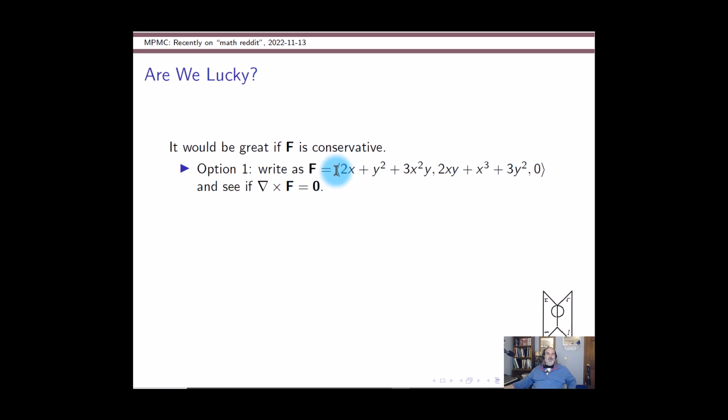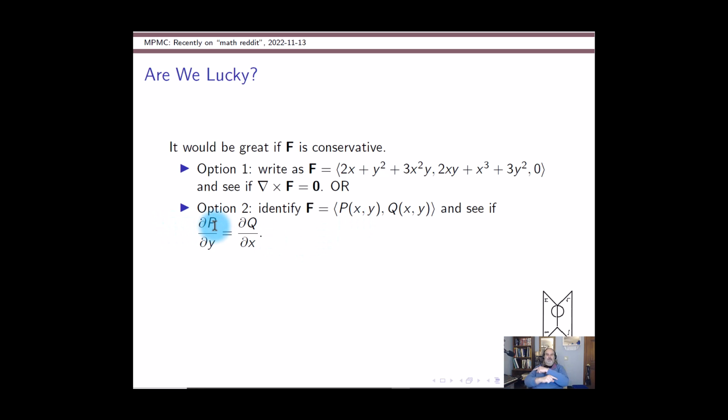The second way to do it for a 2-dimensional vector field, the equivalent of looking for the curl being 0, is to just name each of these components big P and big Q and see if the crisscross derivatives, the derivative of P with respect to y and the derivative of Q with respect to x, are equal.